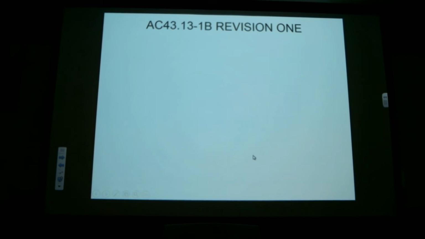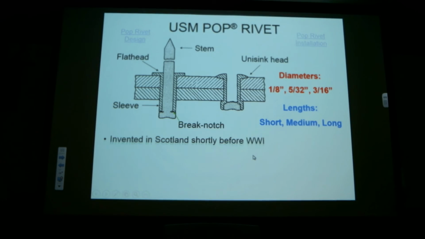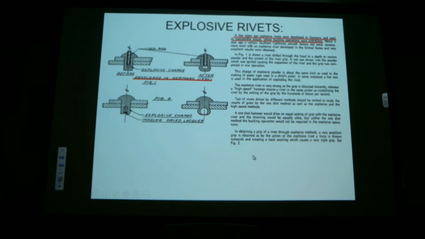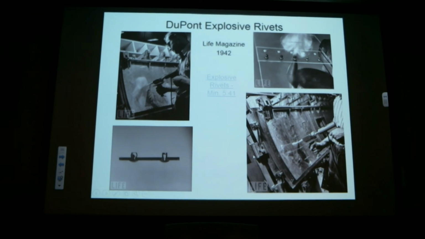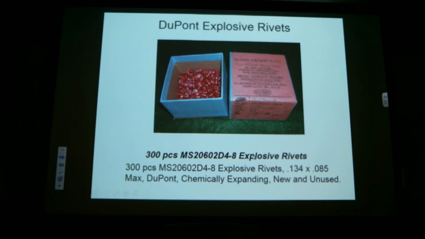Special fasteners, pop rivets, explosive rivets. What does the color code denote on those rivets? They're anodized color. Grip line. Grips.